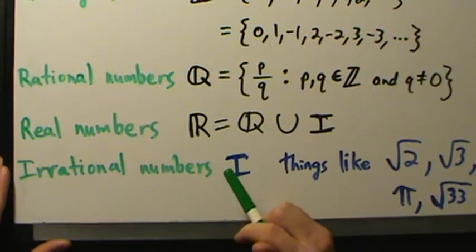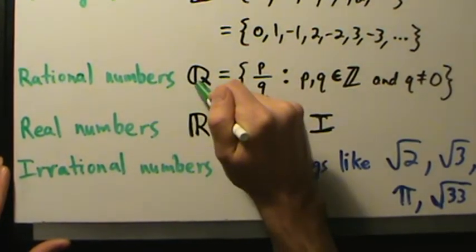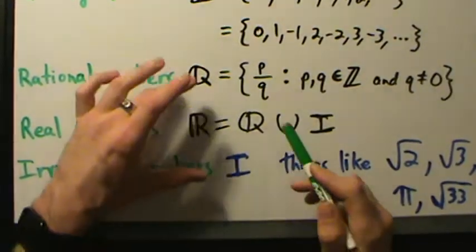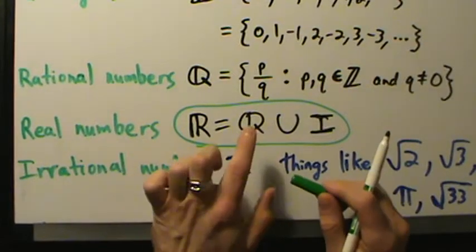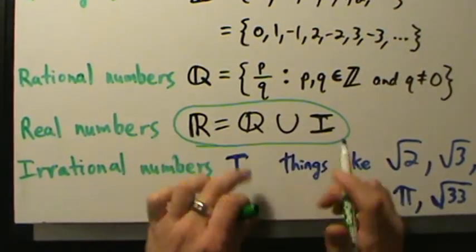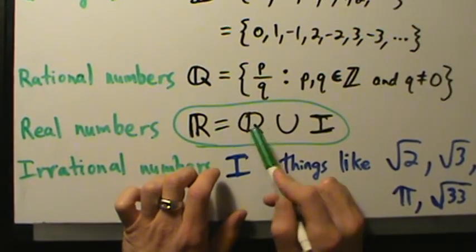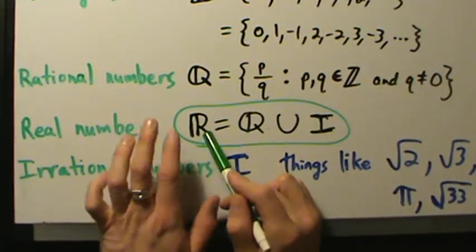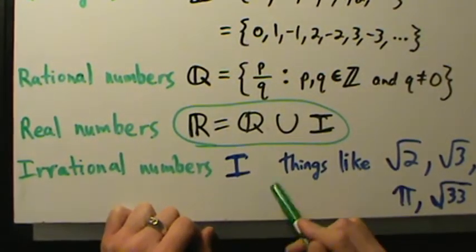So the rational numbers are a subset of the real numbers. We can get that directly from this union: every rational is a real number, and every irrational is a real number, because we union these two to get the real numbers. Anything in Q is automatically in R, and anything in I is automatically in R, just from this union.